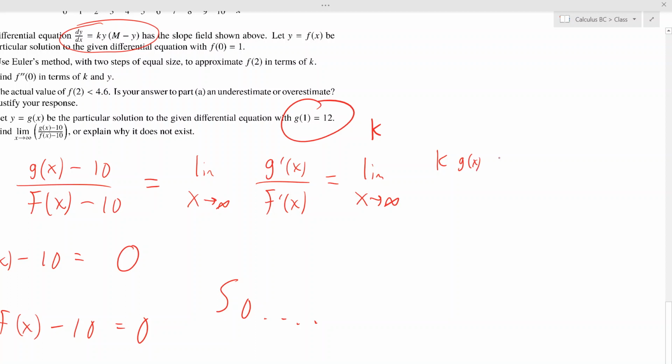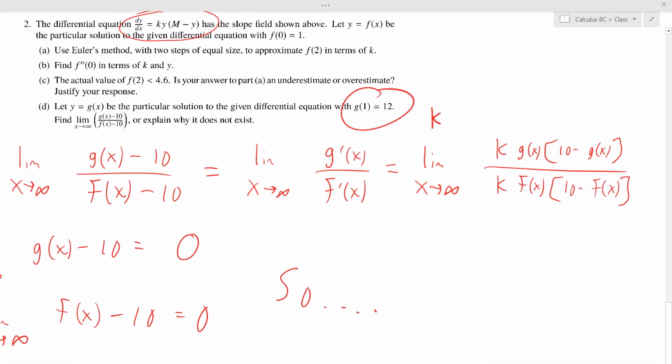In the case of g, it's k g of x times 10 minus g of x, and for f, k f of x times 10 minus f of x. Cool. But again, as we approach infinity, oh man, this is going to be 0 over 0 again, right?